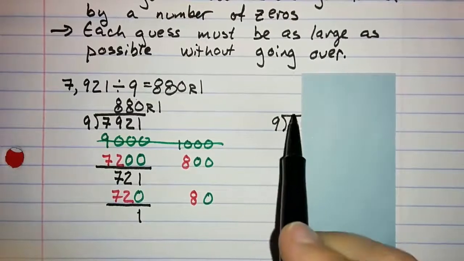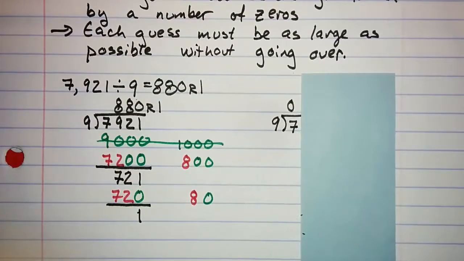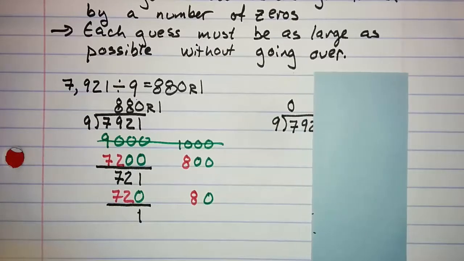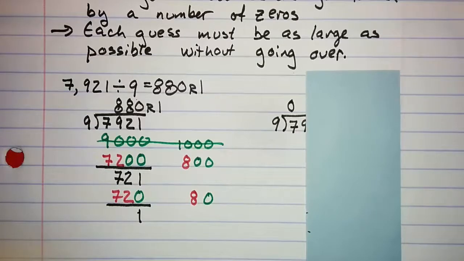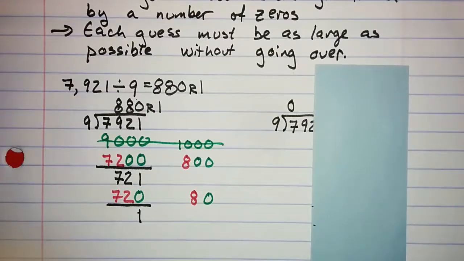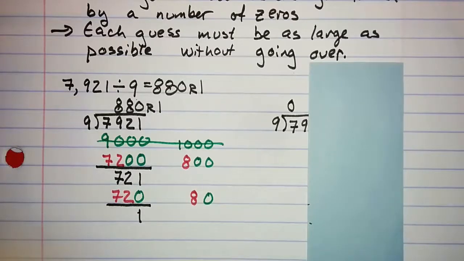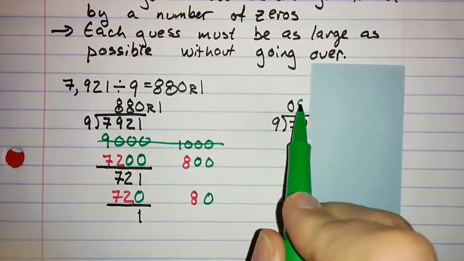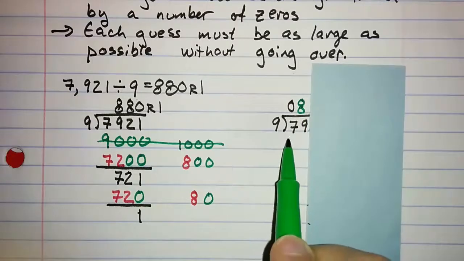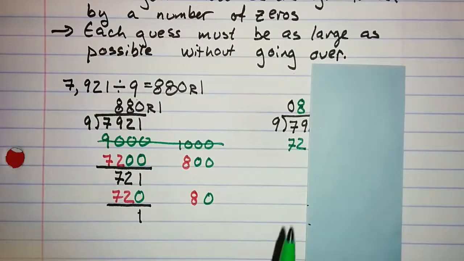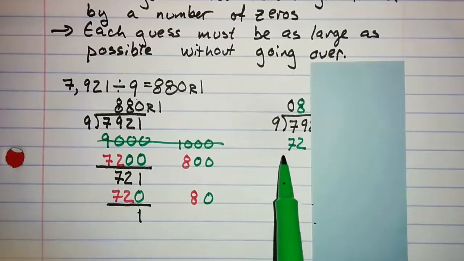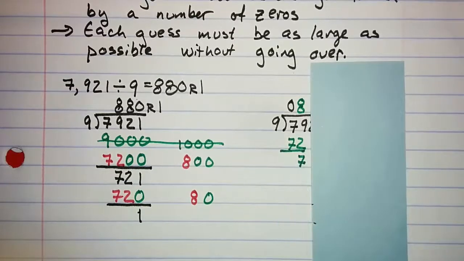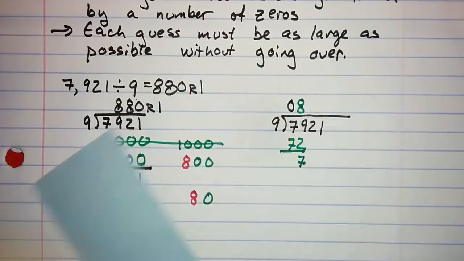So what do I have here? I have 0. Now I turn to the next digit, 79. Right, there are 2 zeros off to the side there, but I'm not really interested in them right now. 9 goes into 79, we said earlier, 8 times. 8 times 9 is 72. Subtract, and there are only 7 things left.